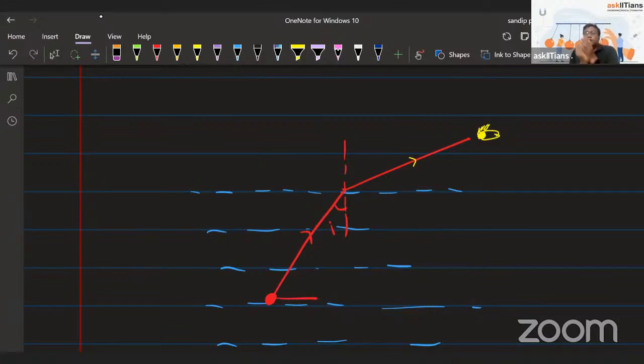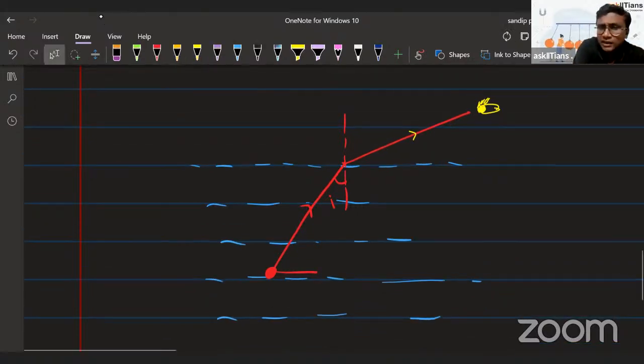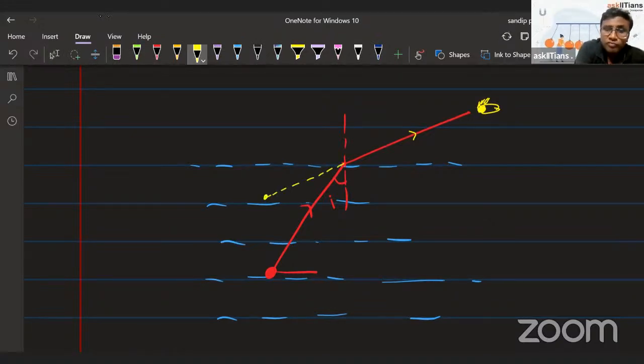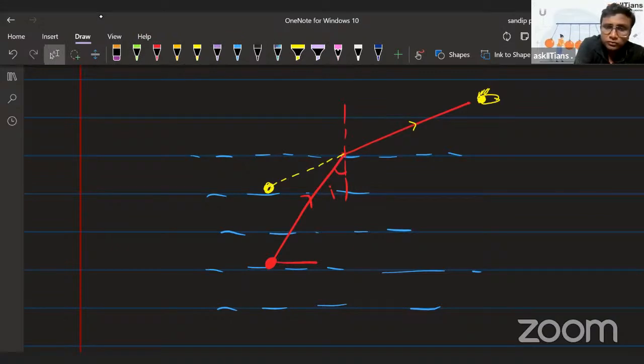Now the human eye thinks that a light ray cannot bend, right? So the human eye will think that this ray is actually coming from this point, that the object is actually here. This we call the apparent depth.